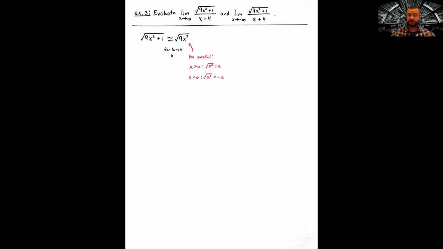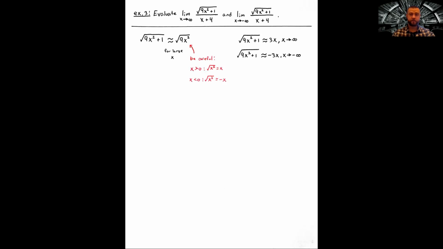Square root of x squared does cancel to x. So overall, the square root of 9x squared would cancel to 3x. But when x is negative, as x approaches negative infinity, the square root of 9x squared simplifies to negative 3x. All right, just make sure you're comfortable with that. I've had those results summarized there on the right.